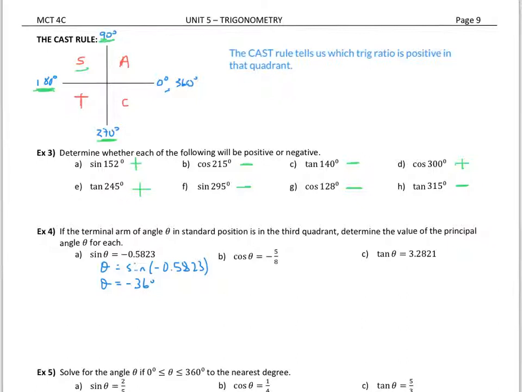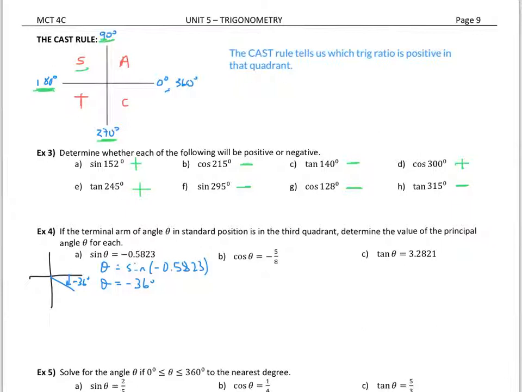So if I were to sketch this, I've got my Cartesian plane here, showing standard position, the angle going this way. Now that does not lie in the third quadrant, first of all, plus it's not a principal angle because it's not between 0 and 360.